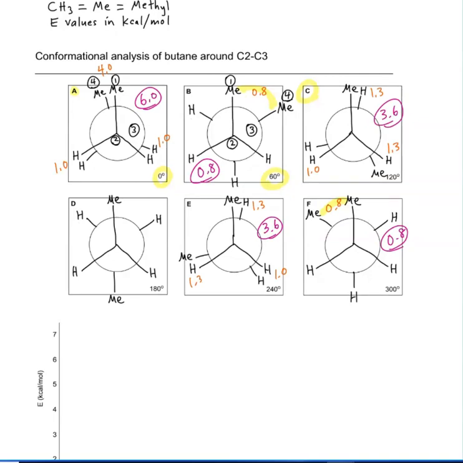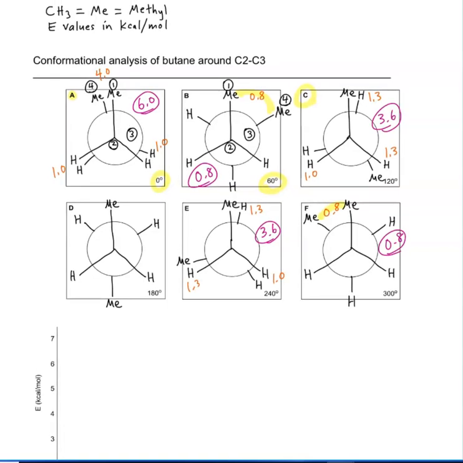Now let's finish up with structure D. When you have two methyl groups that are gauche to one another, as we do in conformations B and F, that has a name. That's referred to as a gauche-butane interaction.